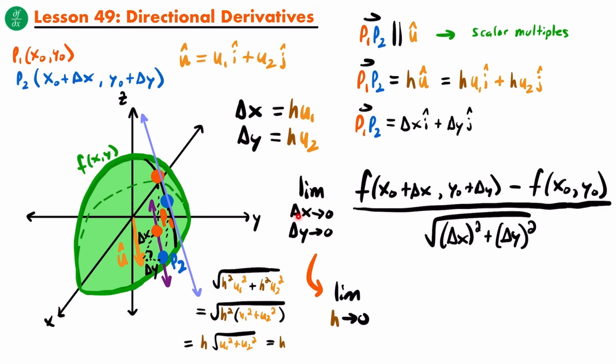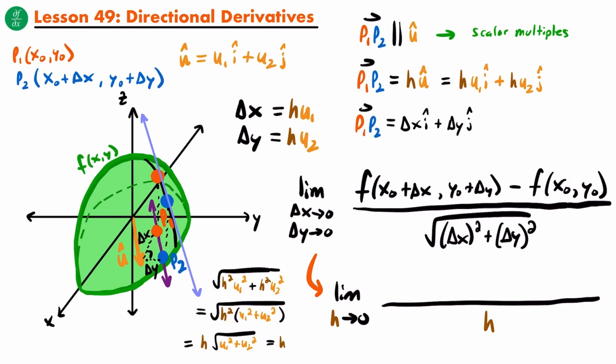The limit as delta x approaches 0 and as delta y approaches 0 could be rewritten as the limit as h approaches 0, but then we're going to write everything in terms of h. We already determined that the denominator is just equal to h, so we'll have h down there. And then in the numerator, remember that I said that we can replace delta x and delta y with what they're equal to in terms of h and those components of the unit vector.